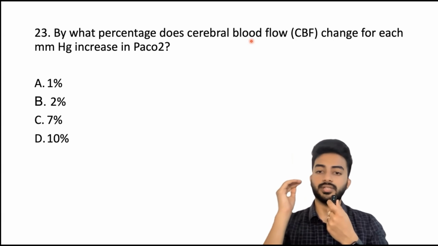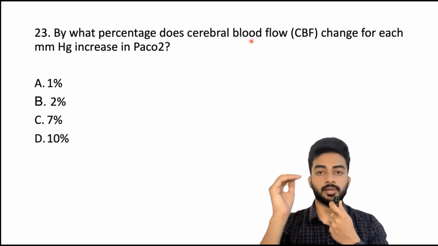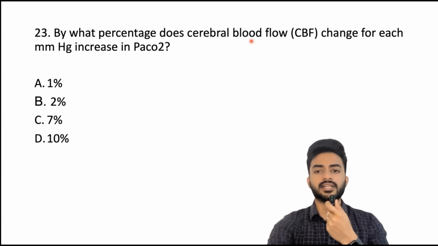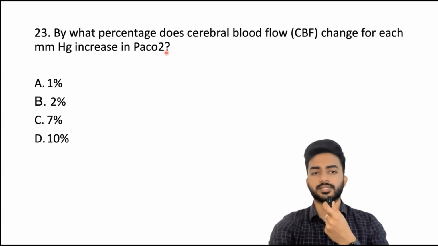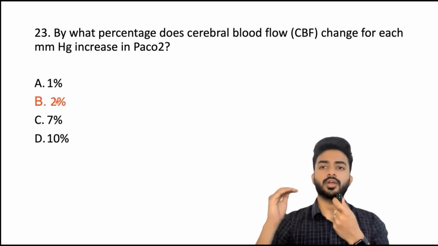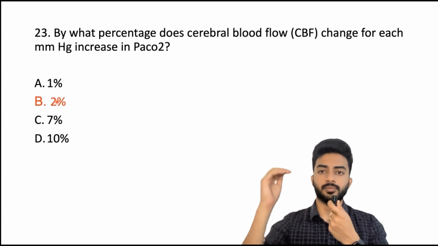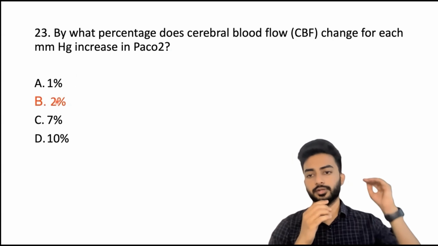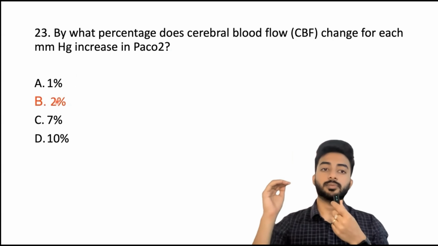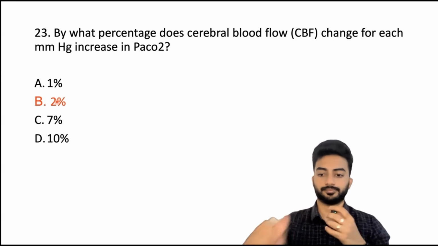If the PaCO2 is, let us say, 30, and if it is increased to 31, then how much will cerebral blood flow increase? It is a direct fact-based question, and the answer is 2%. So if there is an increase in PaCO2 from 30 to 31 mmHg, the CBF will increase by 2%. If it is increasing by 4 mmHg, then it will increase by 8%.